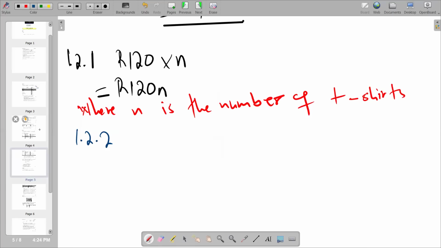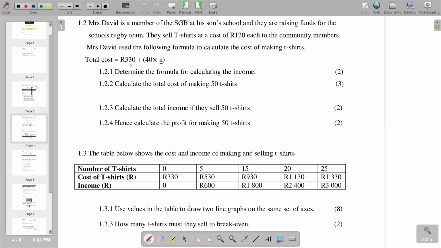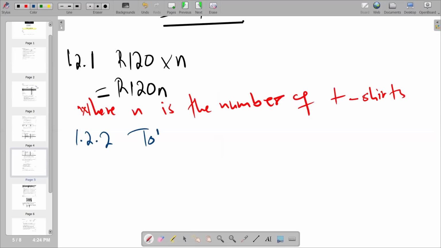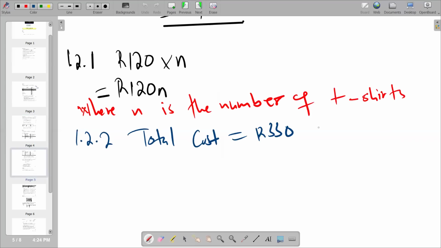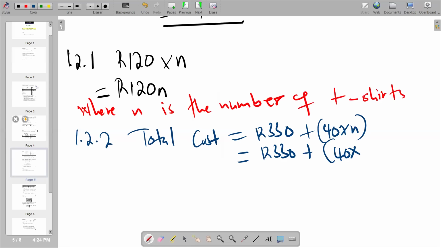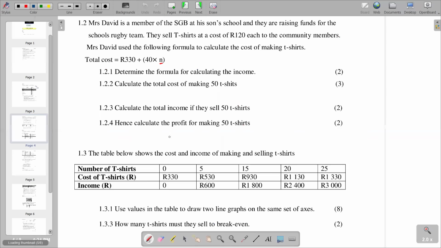So the formula says 330 rands. Remember, we are saying total costs. Rands, and then we add in brackets 40 times N. So we just substitute here, we say 330, and then we add 40 times the number of t-shirts that we have, which is given as 50.